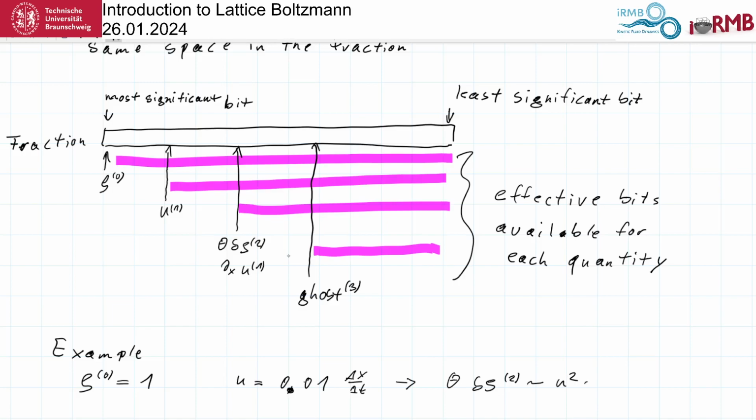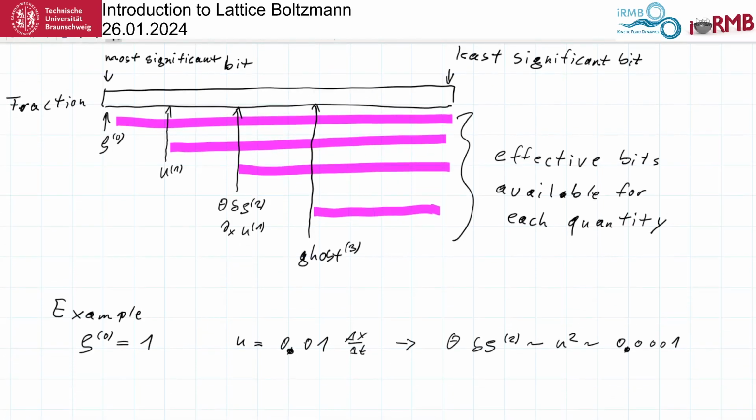So if it's of the order of u square, what we expect is that it's 0.001. It's not exactly, but in that range. So then we know from above that rho 0 is largest and defines the exponent.